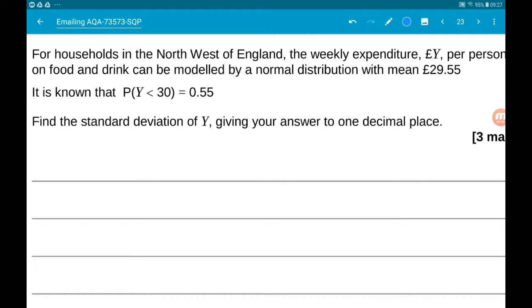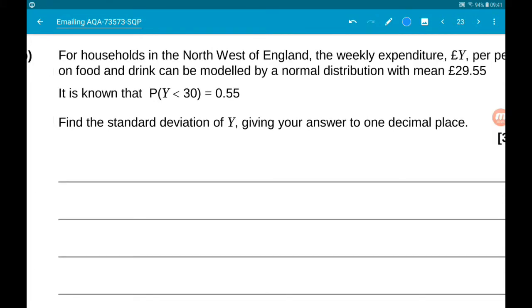We want to find the standard deviation of Y, giving our answer to 1 decimal place. Okay then, so what do we know? Well, we know that Y is normally distributed with a mean of 29.55, but we don't know the standard deviation sigma.